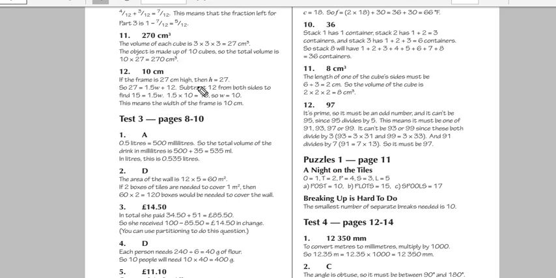Now this is the bit that I think has caused confusion. It doesn't actually state that you need to then divide both sides by 1.5. What it does is skip a step conceptually and point out that hopefully the children should see that 1.5 times 10 equals 15. So if you divide both sides by 1.5, you should be able to see that 15 divided by 1.5 equals 10.